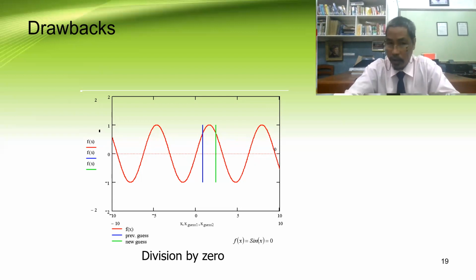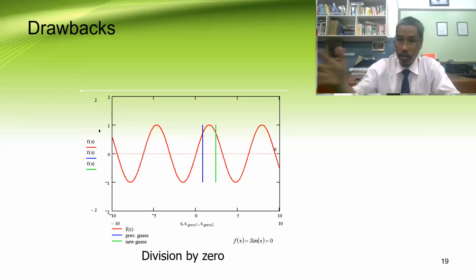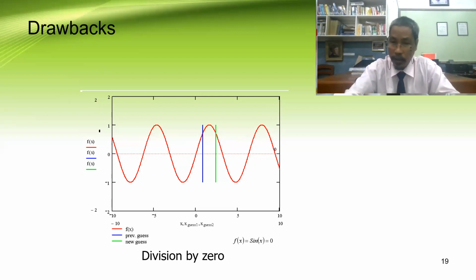It oscillates: 0, positive, negative, 0, positive, negative. So it continues up to infinity. That's why it will always give us problems. Okay. However, we can still find a way to solve this. Okay. So one of the drawbacks of the method is this one.